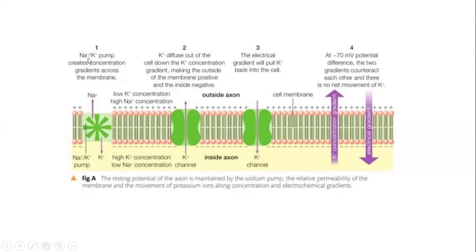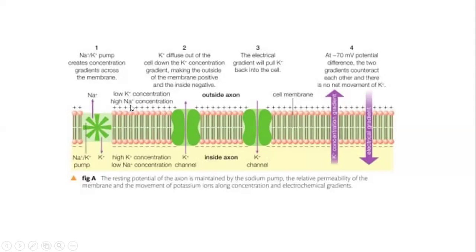Now here in this one, the sodium potassium pump creates a concentration gradient across the membrane. Here you can see sodium is going out, potassium is coming in to the axon, right? This is the inside of the axon, the yellow one. Sodium is going out, potassium is coming in, right?